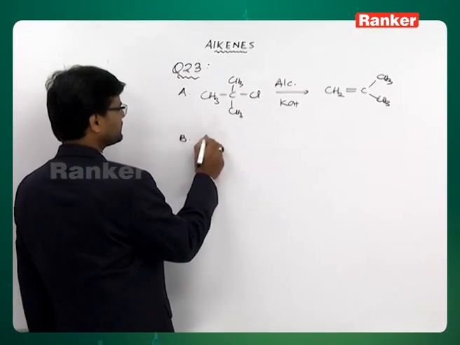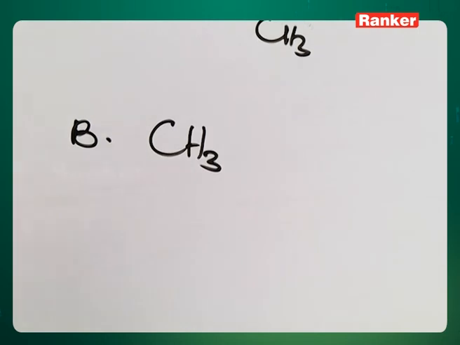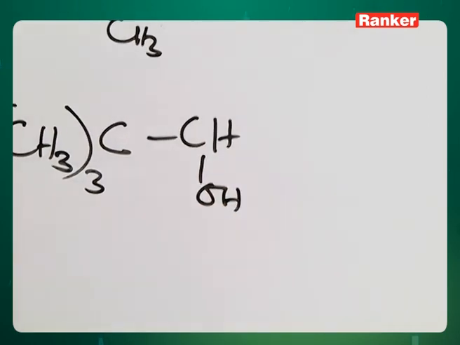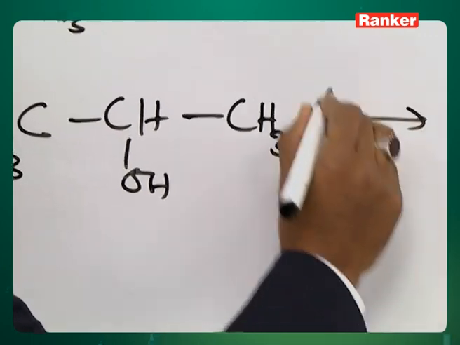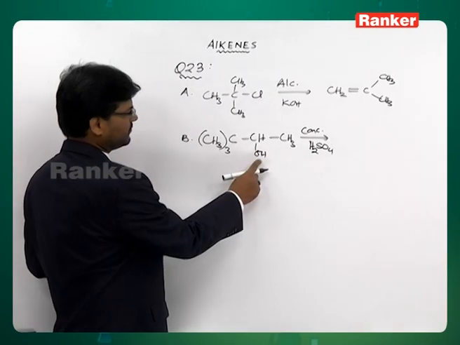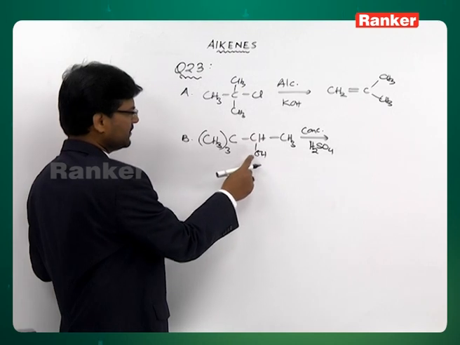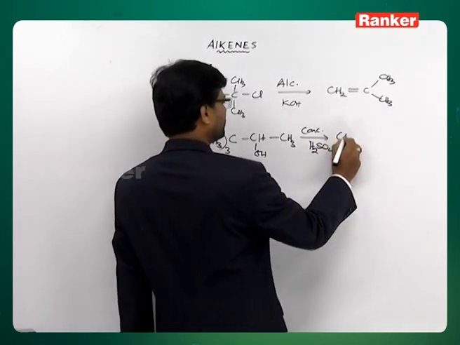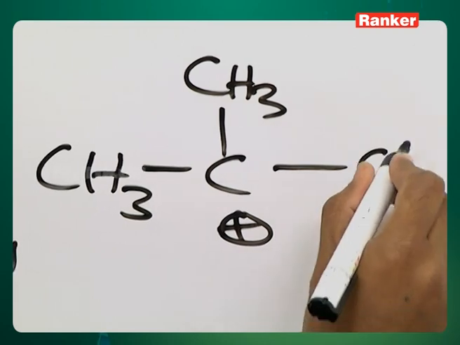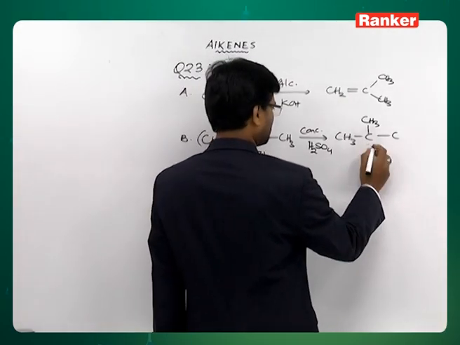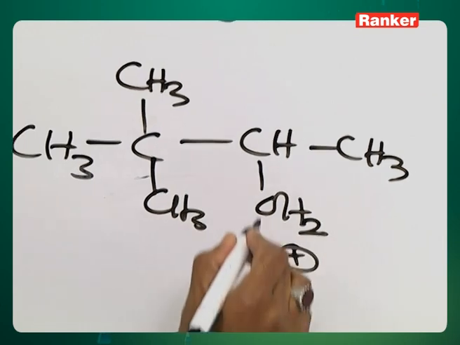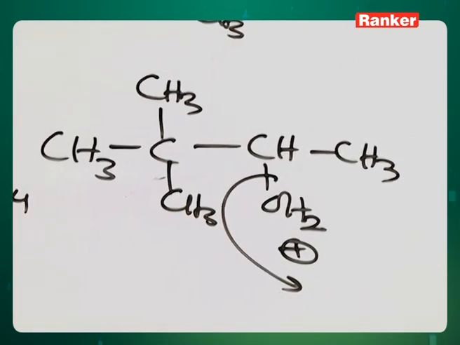Then B is (CH3)3C-CHOH-CH3. This is being treated with concentrated sulfuric acid, and you are asked to find out what is the product obtained. First, OH will be lost as water by protonation, and then methyl migration takes place. This carbocation is formed first, water will be lost, and that will lead to rearrangement.